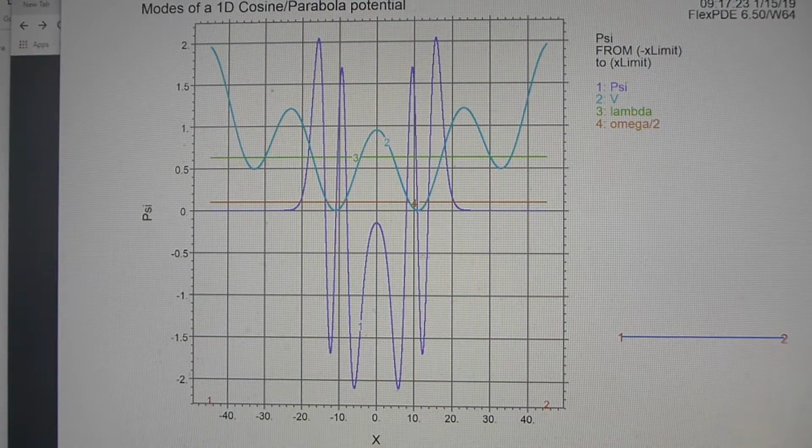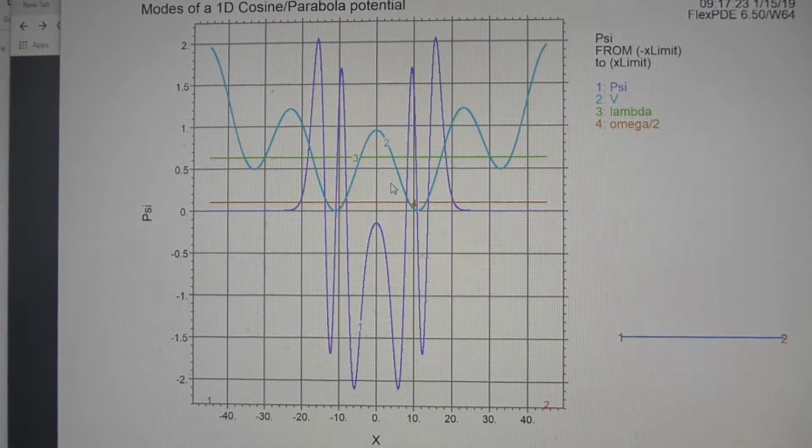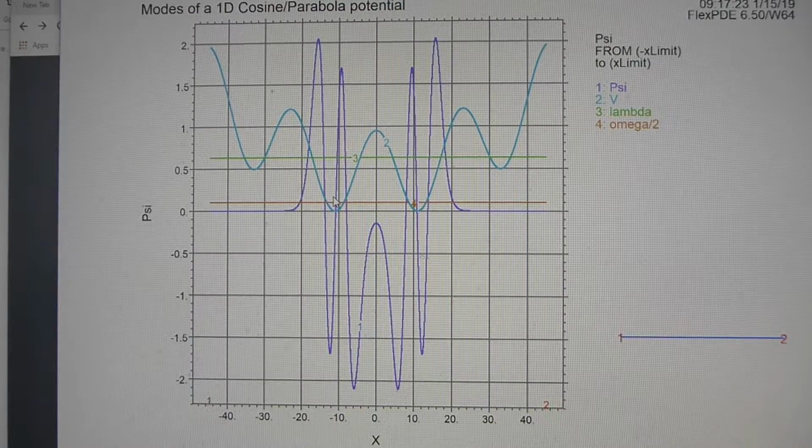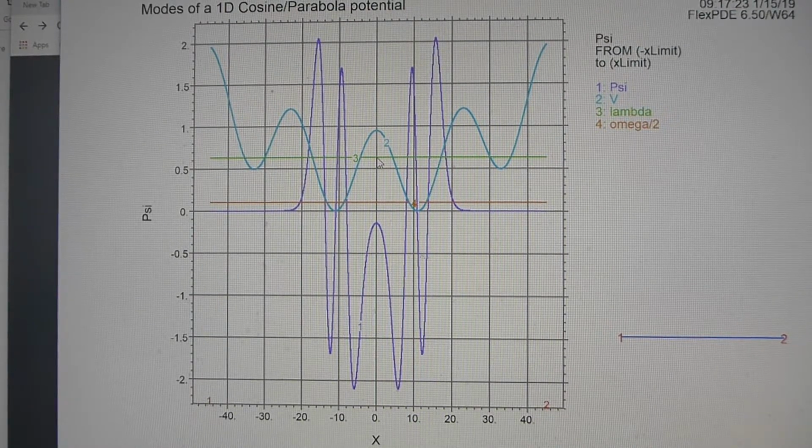Next we go back to the center, and we have a more complicated Hermite polynomial situation, but it's really not a Hermite polynomial anymore because the energy is significantly higher than the height of the Gaussian, twice the amplitude actually.